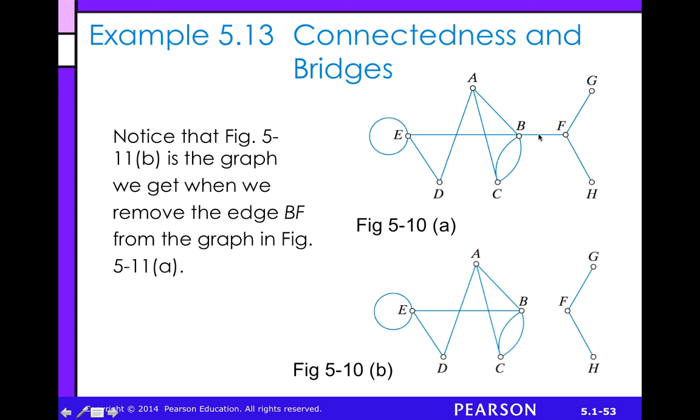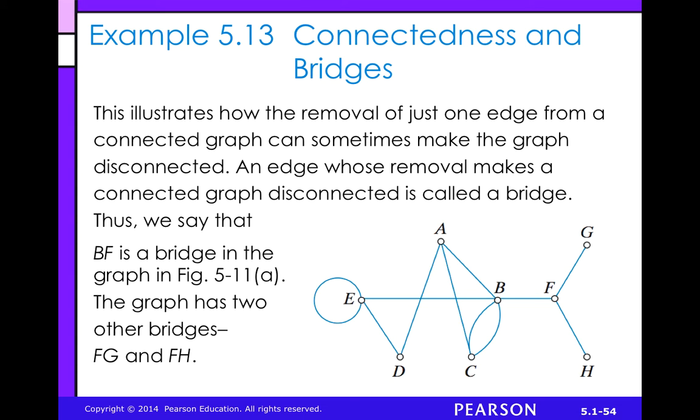When I snip out BF, it's no longer connected. So BF is kind of a special edge like that. So notice that if I removed this edge from E to B, if I just erase that, that action would not result in a disconnected graph. So if I take out this edge right here from E to B, the resulting graph is still connected. But if I snip out this edge from B to F, the resulting graph is disconnected.